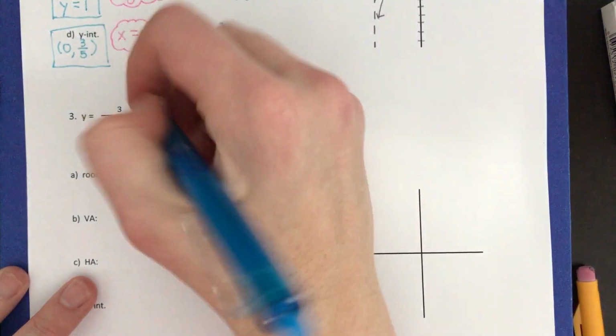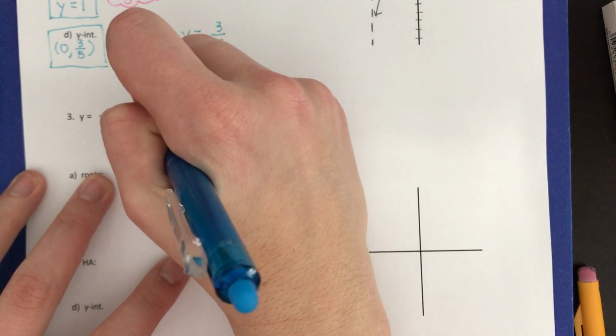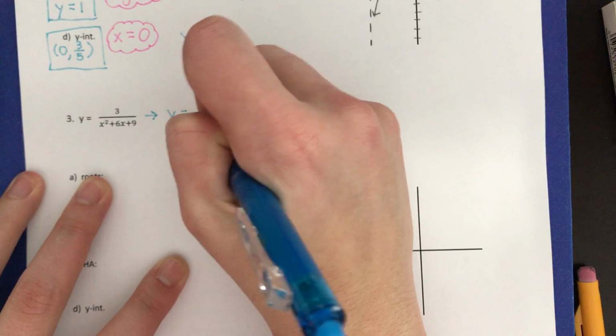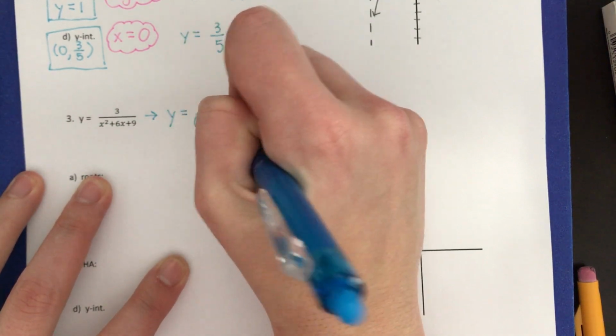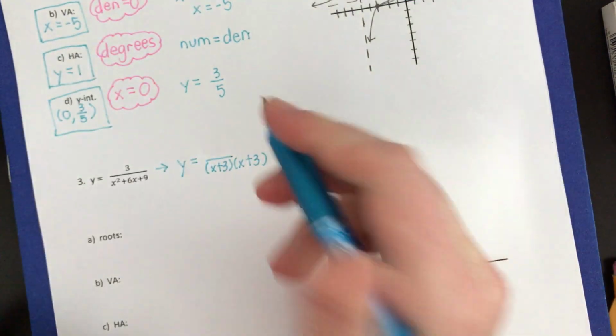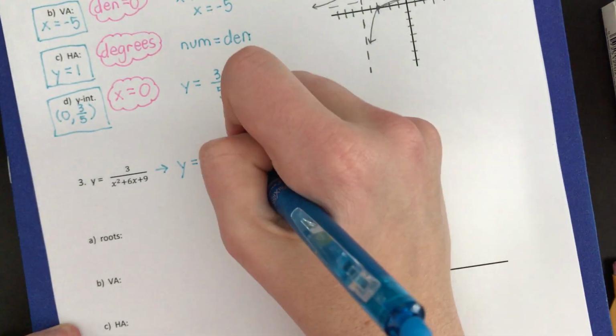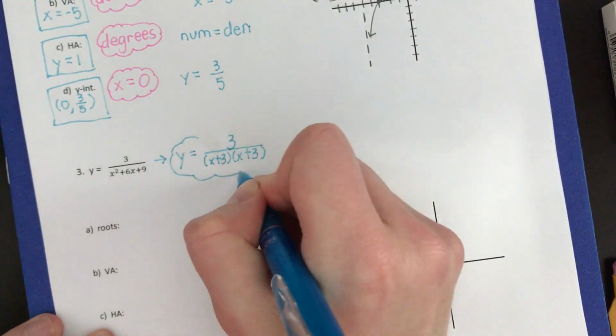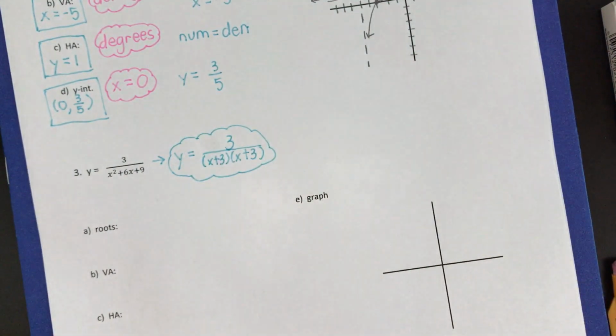All right, so we definitely need to factor the denominator, so we would have y equals 3 over x plus 3, x plus 3. No holes, no factors cancel. Okay, so no holes. This is going to help us.